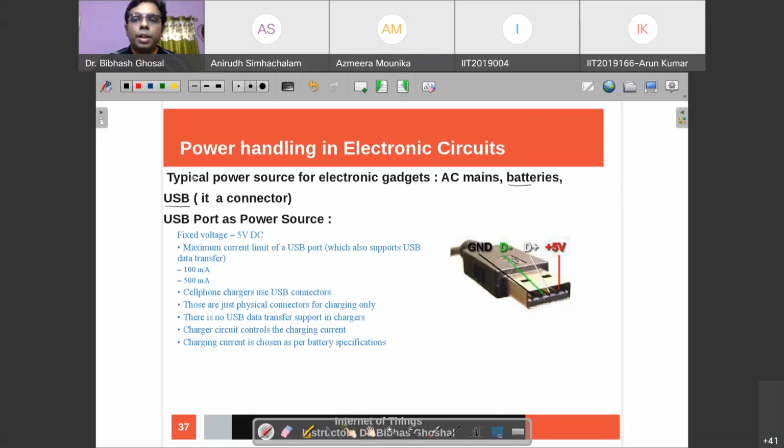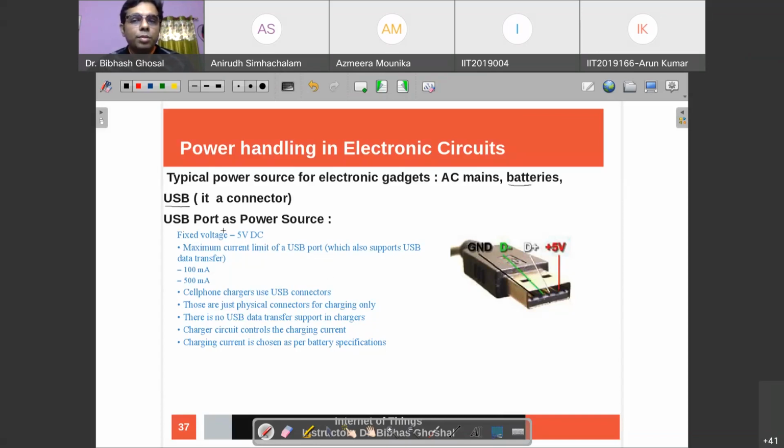The common connector that you have, called the Universal Serial Bus, or USB, itself behaves as a power source. Many of you are aware of this connector called USB. You have been using it day in and day out, at least for charging your mobile phones.